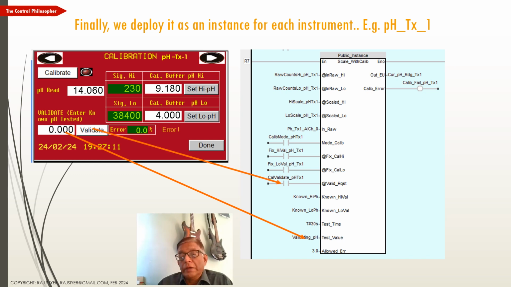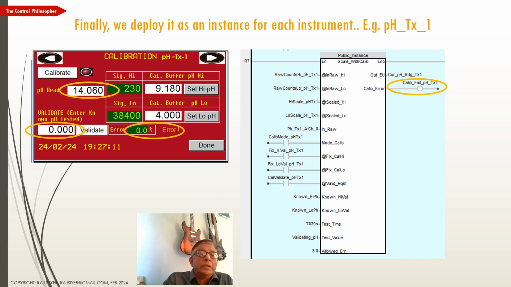Now, finally, to test whether this block is working, the calibration is satisfactory or not, we now introduce the pH probe in a solution of a known pH, a known buffer. Here it is 0, but it won't be 0 actually. There will be some value. And then we try the validate button.